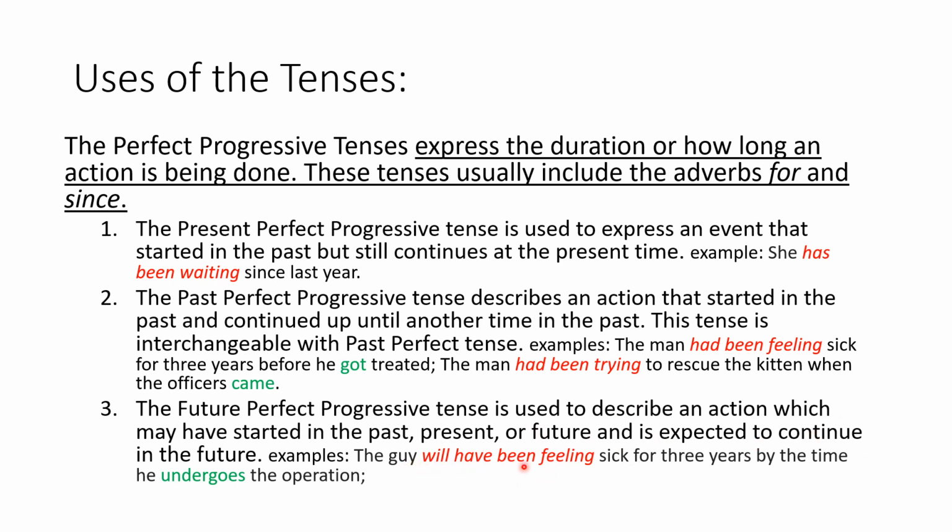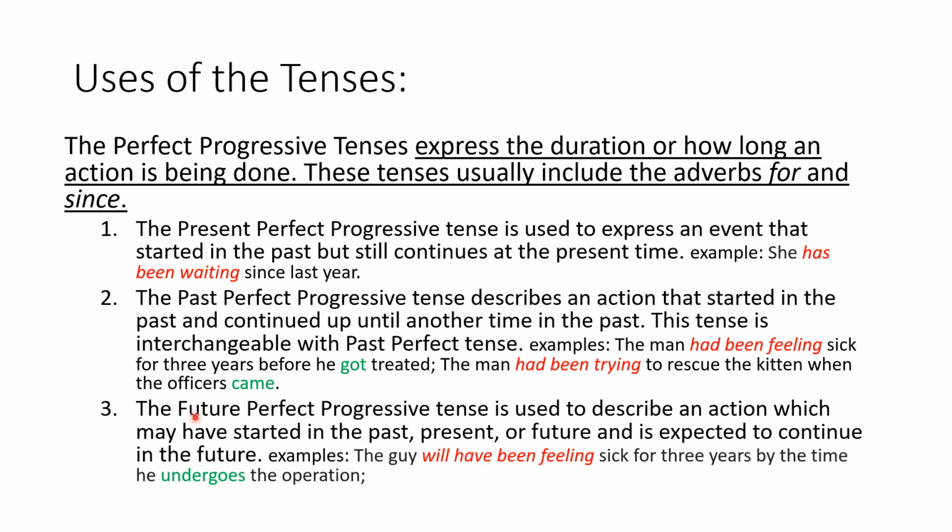When the activity of feeling sick started is not indicated. But what is being said here is that, still in the future, the person will have been feeling sick, and this action started maybe in the past, at present, or in the future.